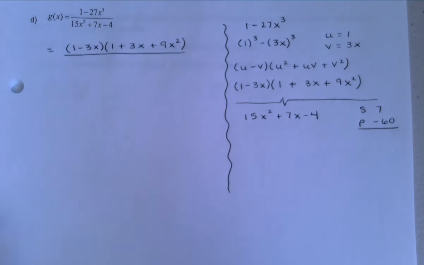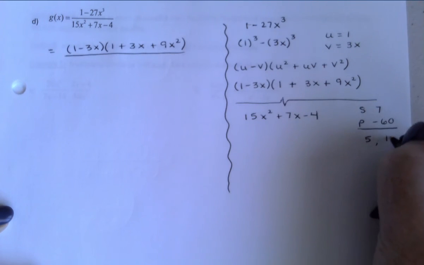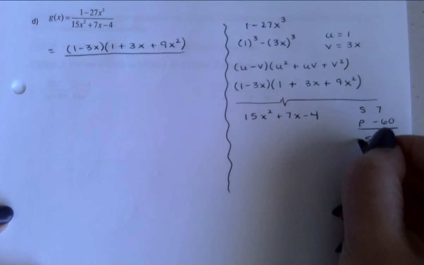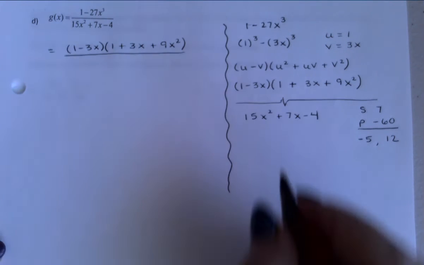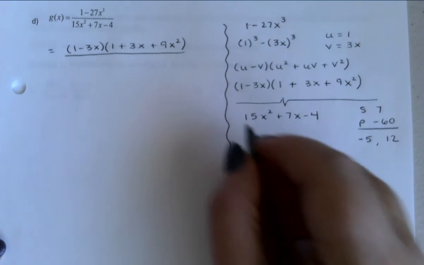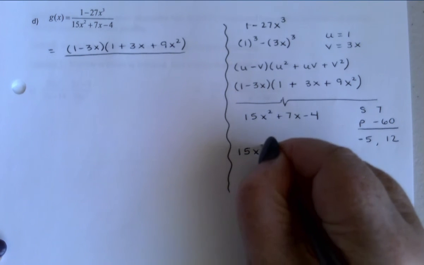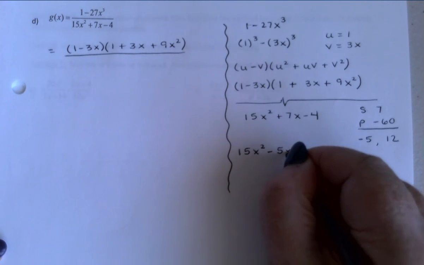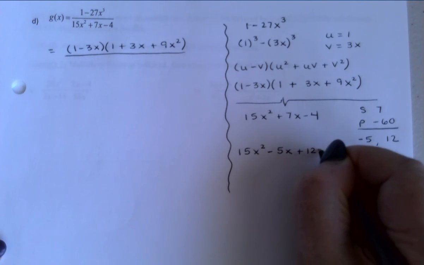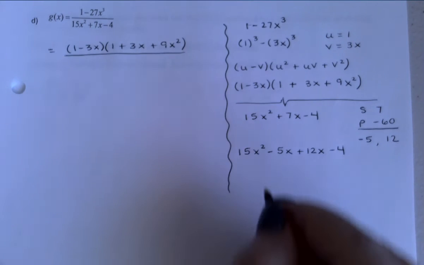Let's see, thinking probably 5 and 12. If I make the negative 1 be the 5, that'll add up to a positive 7. And I do have the leading coefficient that's not 1, so I'm in my extended form here. 15x squared, we'll rewrite the middle as negative 5x plus 12x minus the 4. And then we'll do grouping.